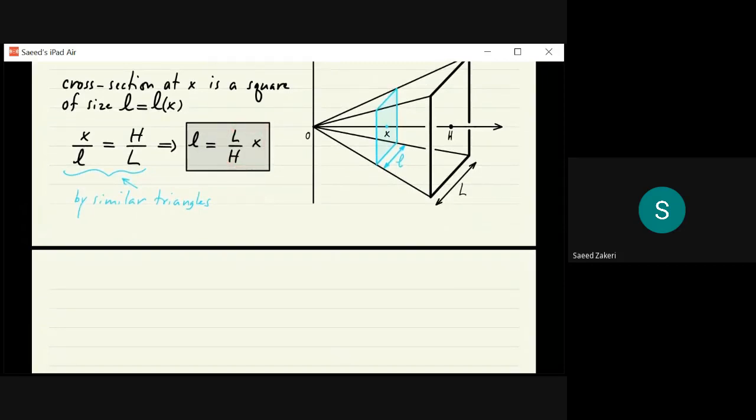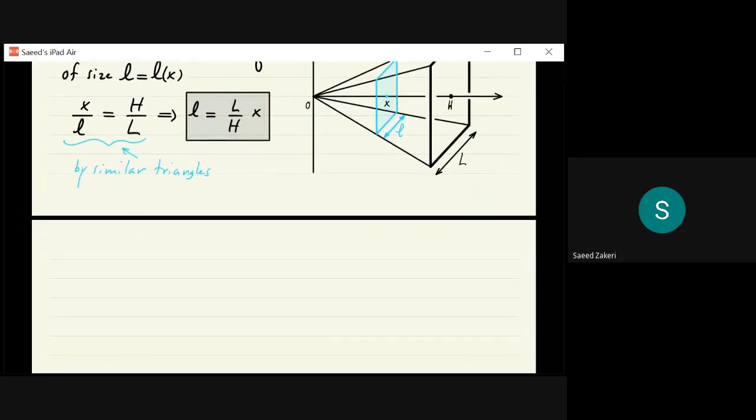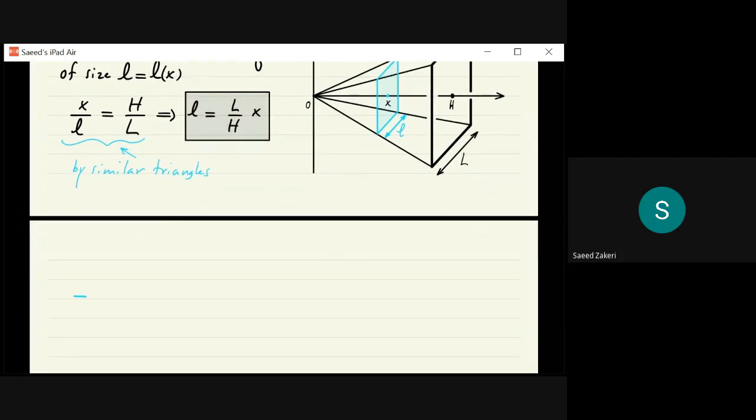And therefore, that allows me to find the formula for the cross-sectional area function. What is the area of a square of size l? l squared.